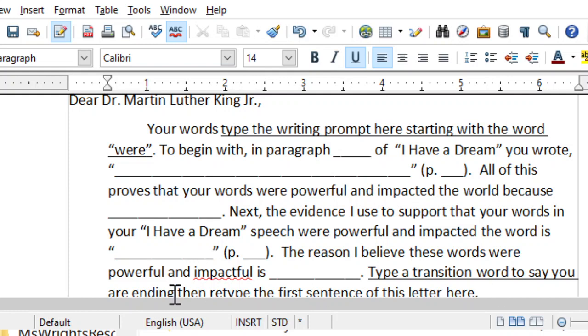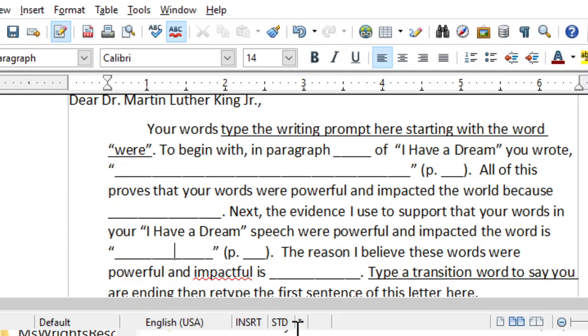And then all of this proves that your words were powerful and impacted the world because, and then you give a reason here. Next, the evidence I use to support that your words in your I Have a Dream speech were powerful and impacted the world is, find a different line, different from the one you put right here.